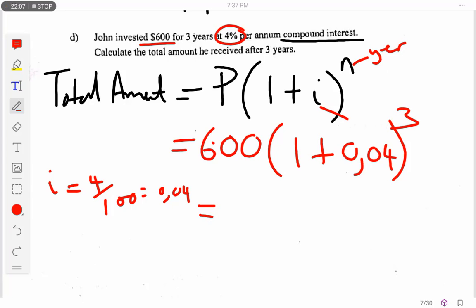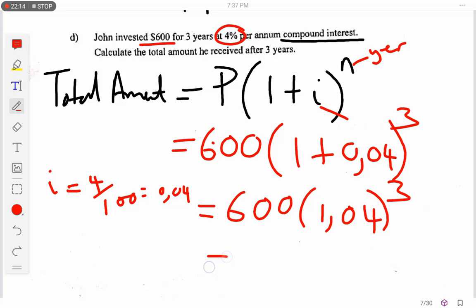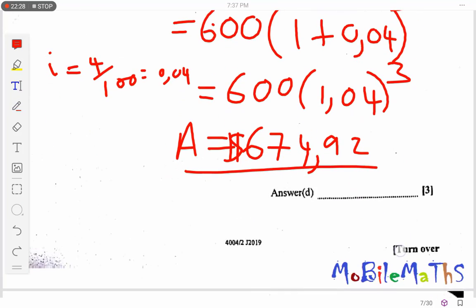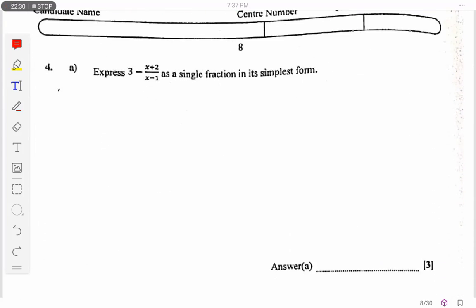Then we can now simplify 600 times 1.04 to the power of 3. Okay, if we punch in, we'll get our total amount to be 674.92. Okay, so this is the value that I'm getting there. Let's move on to the next question.